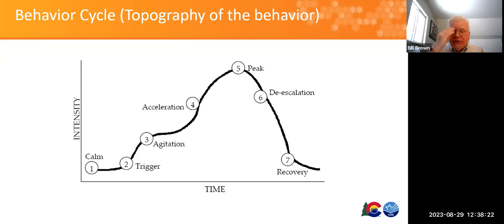So we built this behavior cycle into the behavior intervention plan. The hope is that we'll have interventions all along this continuum: interventions for staff at the trigger, the agitation, the acceleration, the peak, and the de-escalation, and even a plan for recovery for particular students.